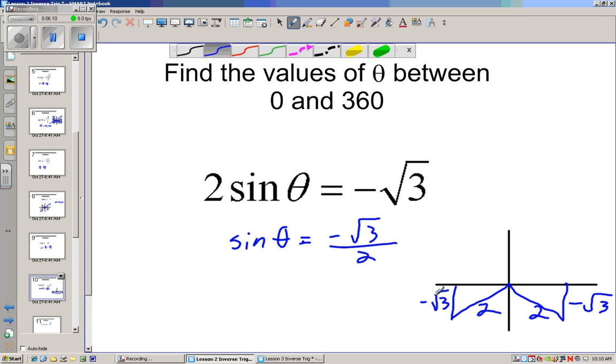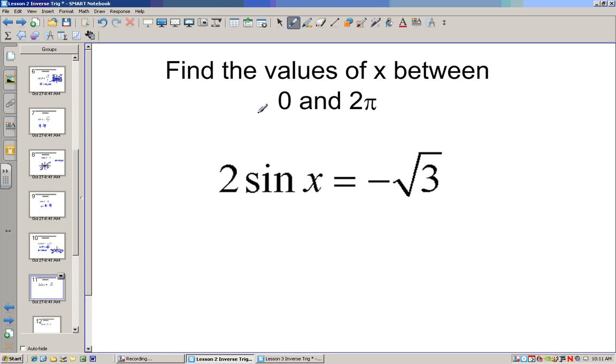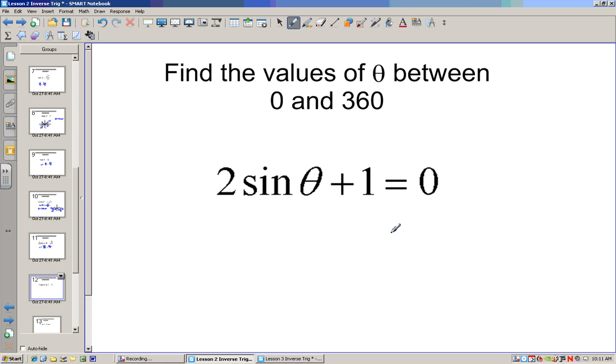All right, and so down here, these are 1's, and so this is going to be 60 degrees. So 60 degrees past 180 is 240, and then another 60 degrees, and we'd be at 300. So the values are 240 and 300. And if we did that in radians, it would be 4 pi over 3 and 5 pi over 3. All right, do this one on your own and see what answer you get.